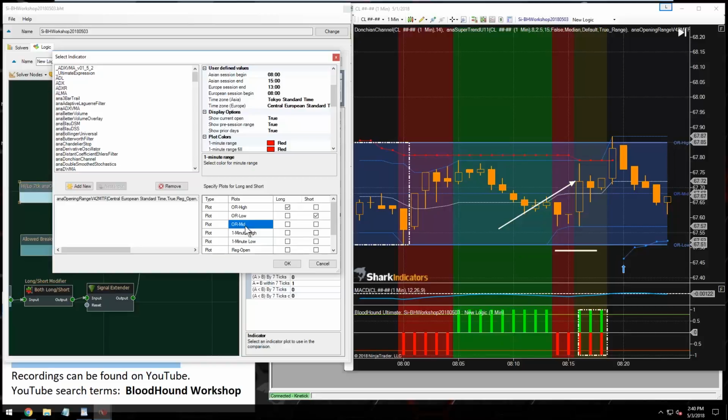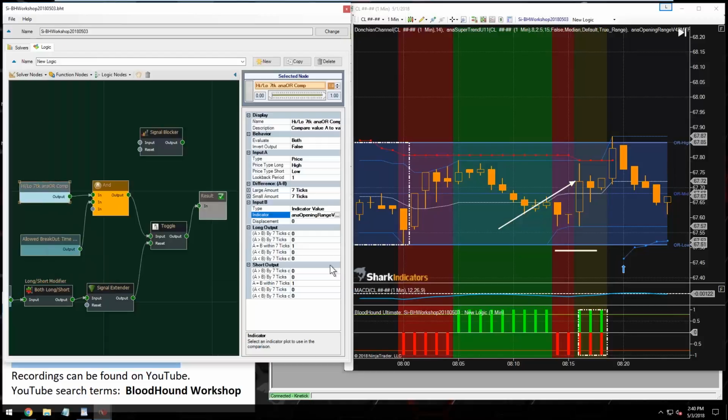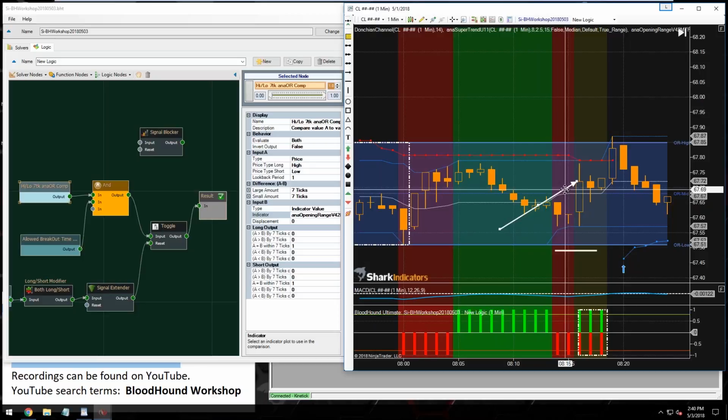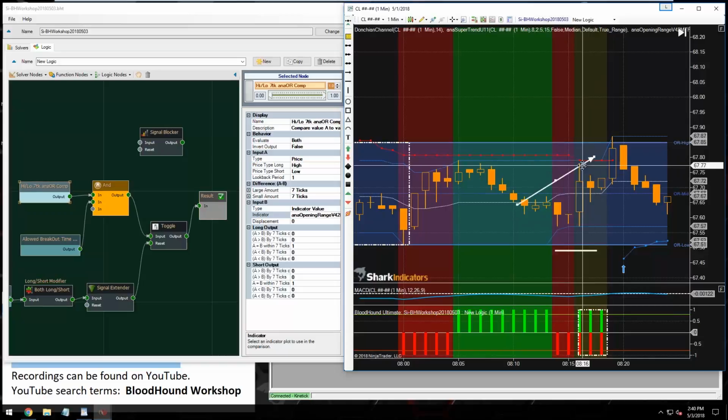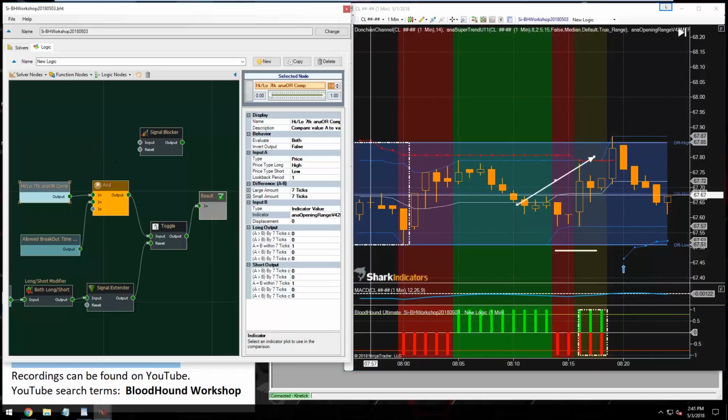So I can check the closing price of the bar. You know, I can say, hey, is the closing price of the bar above the midline or below the midline? And that should hopefully give me a better clue as to whether price might want to break out to the long side or the short side. So let's throw that in.